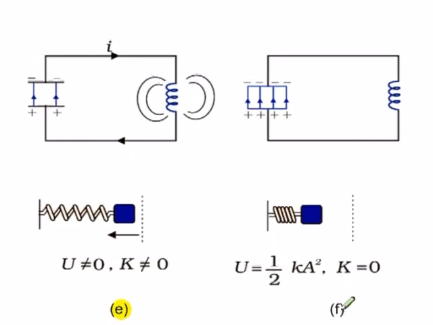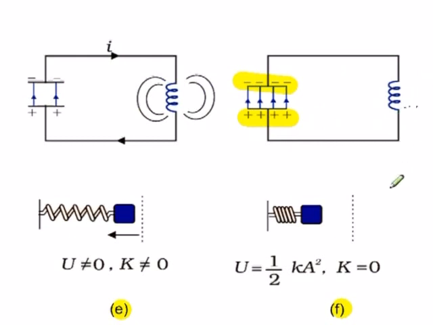For the next stage F, that is after T by 2 from start, the capacitor gets fully charged with the whole of the lower plate being positive and the whole of the upper plate being negative, and the total charge on the capacitor is Q max. The current at the inductor, as you can see, there are no lines here, and therefore there is no current. I at inductor is 0.